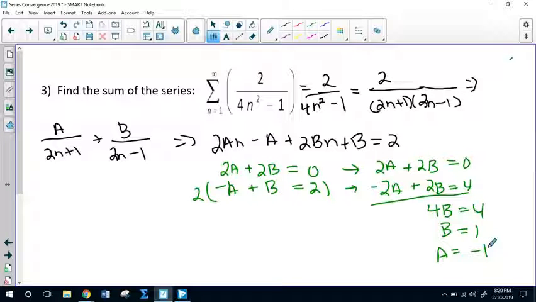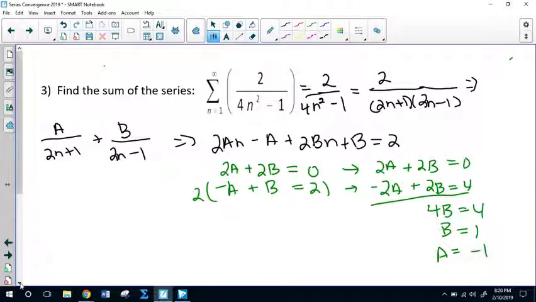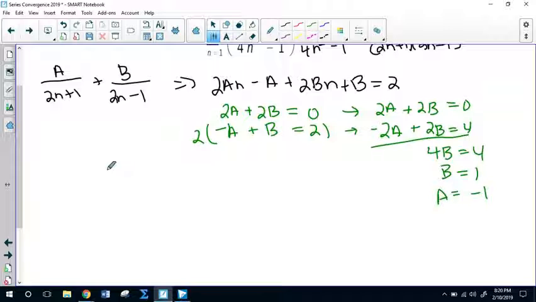Okay, so now I have to actually rewrite this. And I'm not actually going to integrate it this time. I am going to use this as an actual sum and find the partial sums of the telescoping series. So rewriting it, a is equal to negative 1 and b is equal to positive 1.